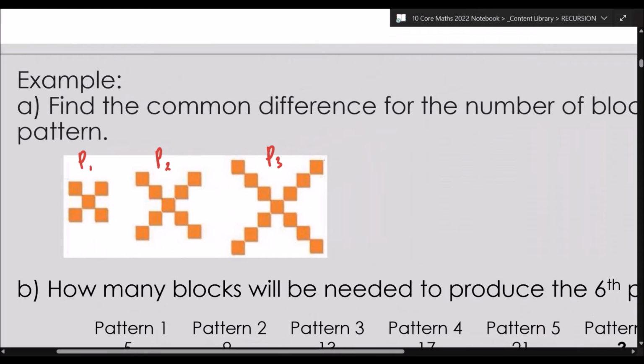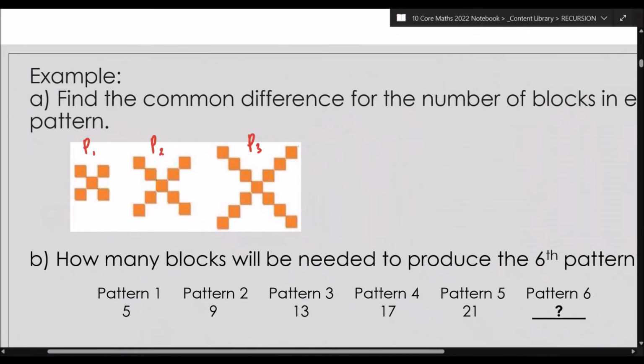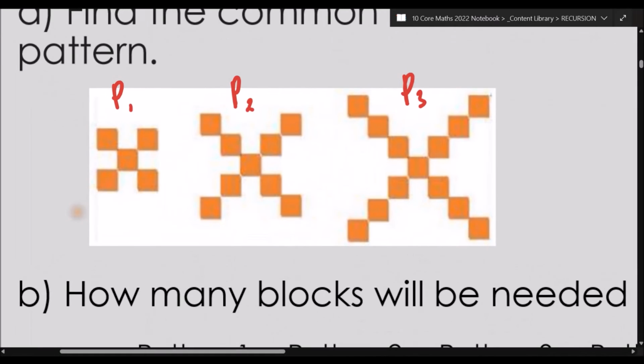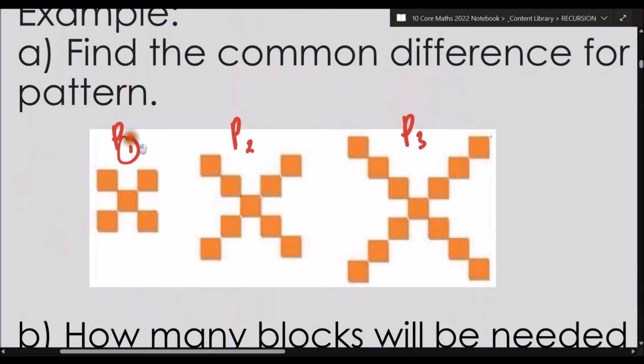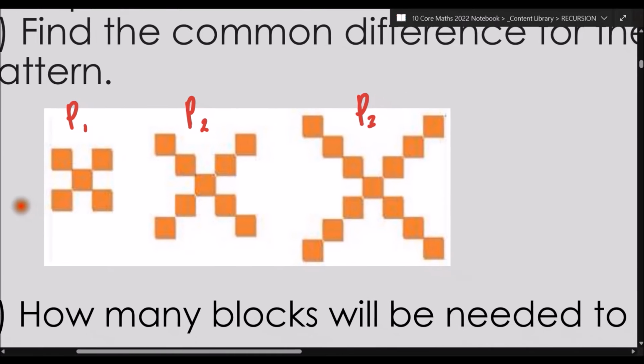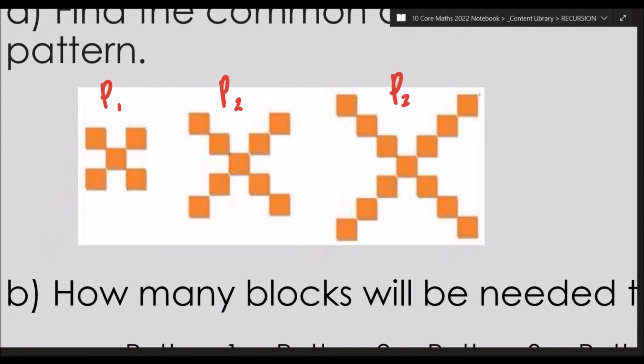All right, so in this example, let's find the common difference for the number of blocks. Now, again, I just used P because it uses P in the next question, but technically you can actually use any letter as long as you understand that these little numbers represent what number they are. So pattern number 1 has 5 blocks.